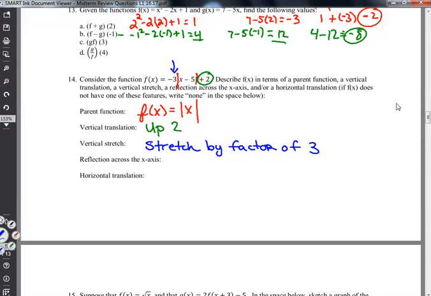The reflection across the x-axis would just be, again, if there was a negative or not, and this one is yes, there is a negative. And the horizontal translation, again, is what's inside here, and it's the opposite because, again, we're solving when it equals 0. So my horizontal translation would be 5 to the right.